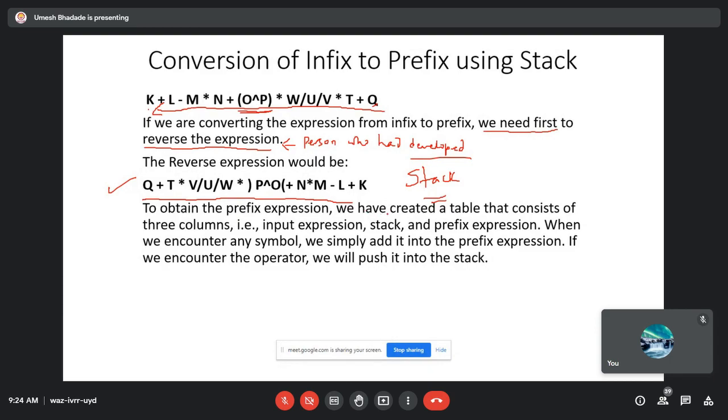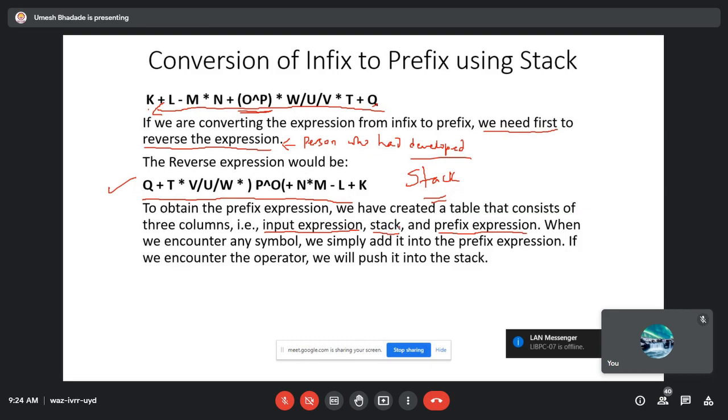So what we will do, we will first create a table in which we will have three fields. One is input expression, other is stack, and the third one is prefix expression. Since we will go on reading symbol by symbol from the input expression, and accordingly we will manipulate the stack and we will generate the prefix expression, right?